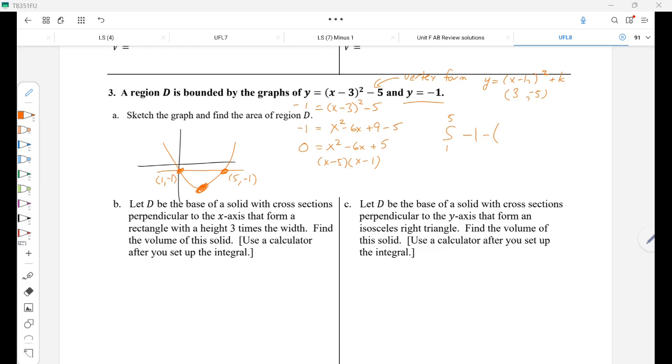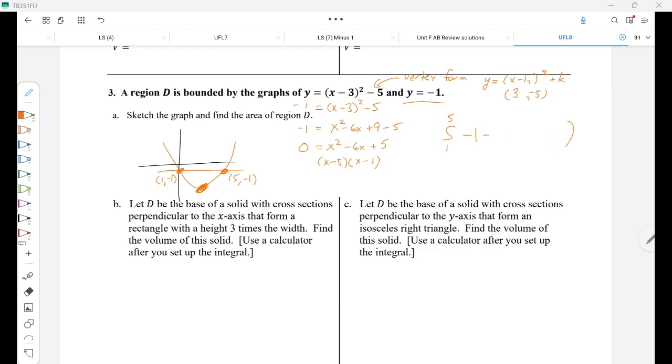So it's negative 1 minus the quantity, the other function, which is the lower function, which would be (x minus 3) squared minus 5. Probably smarter, since we already did it, to just put the expanded out form of that.